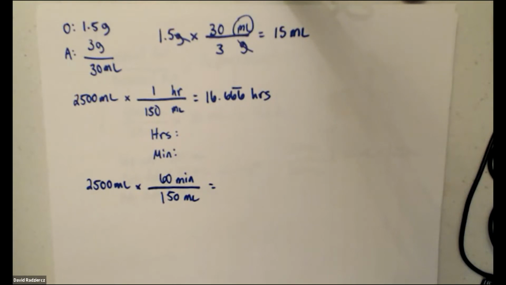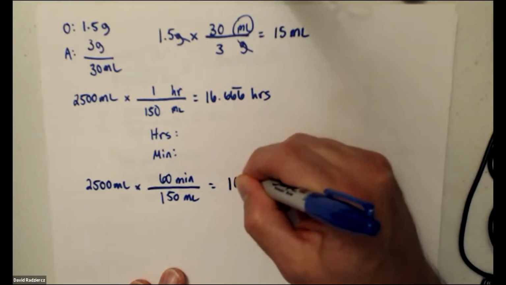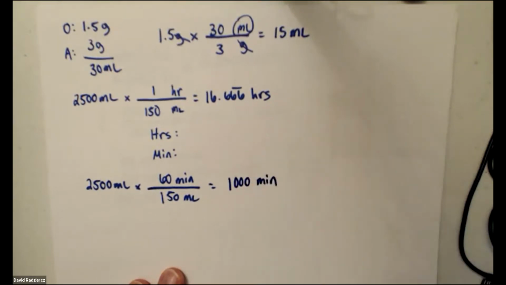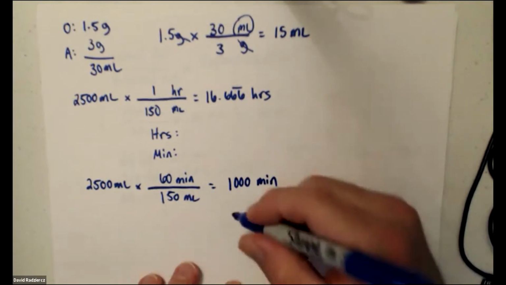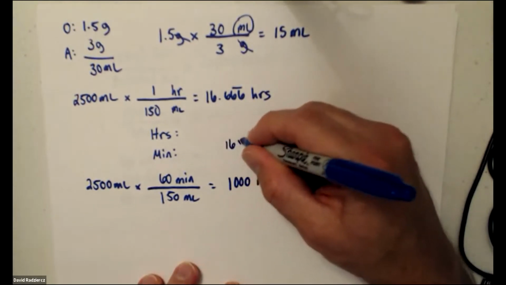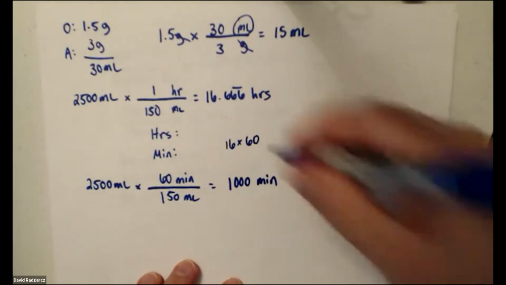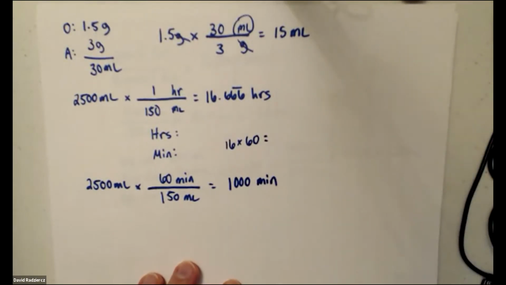So 2,500 times 60 divided by 150. Good, this is what I wanted. That'll give me 1,000 minutes. We already know that 16 hours is how many hours we have. So I'm going to take the 16 hours and multiply that by 60 minutes. There's a method to this madness. Some of these problems you won't necessarily have to spend this much time on.